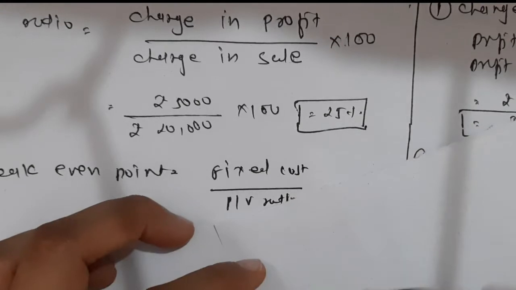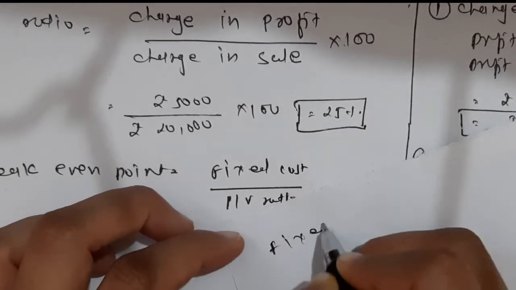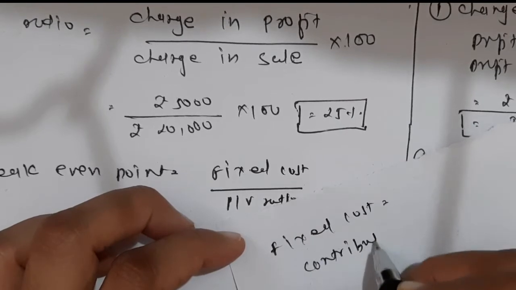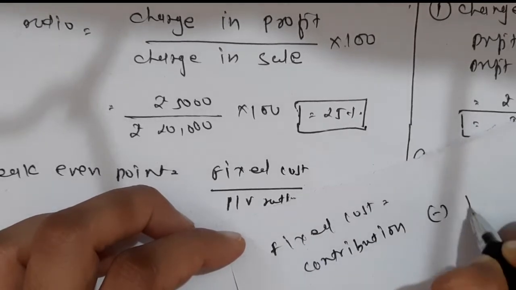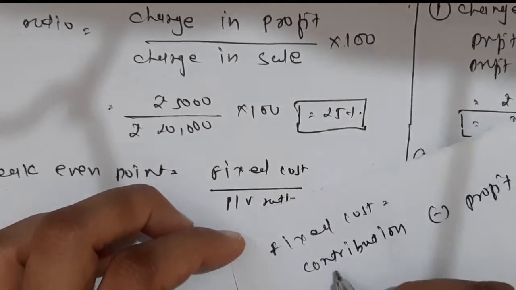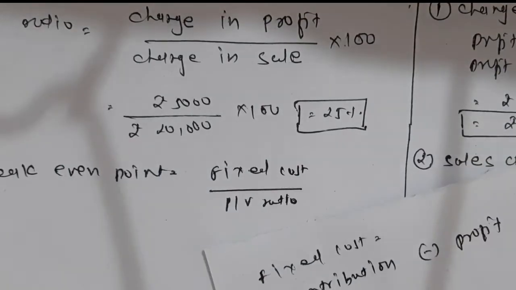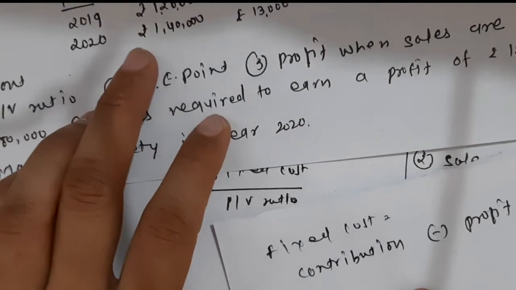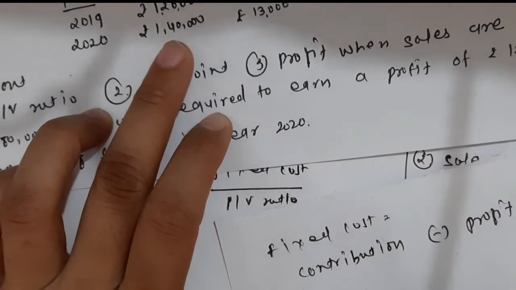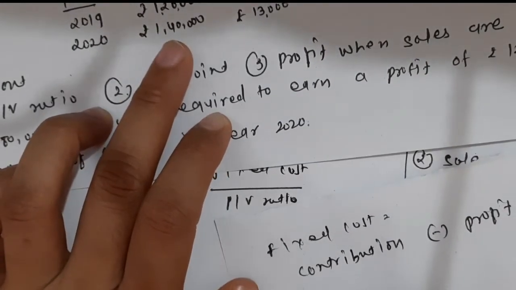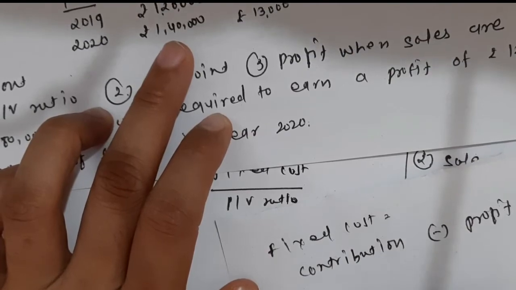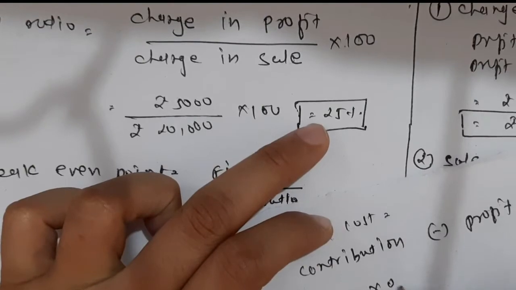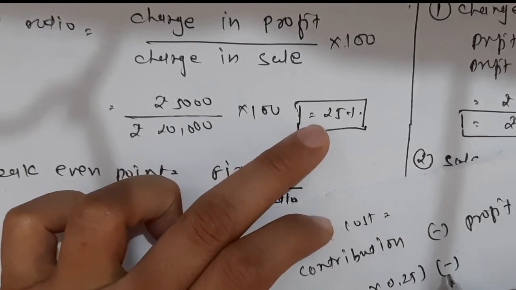What is fixed cost? Fixed cost is contribution minus profit. Okay. And what is contribution? For finding the contribution, we take the sale of year 2019. It is how much? Rupees 1,20,000, and apply the PV ratio on this. How much PV ratio is? 25%. So 25% minus profit.